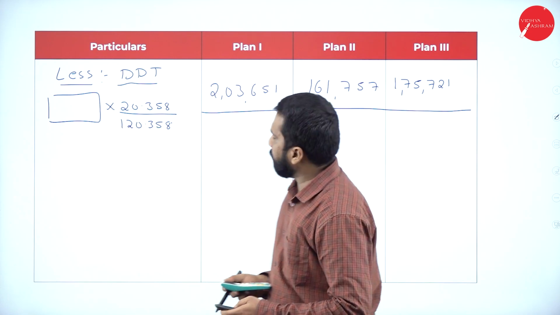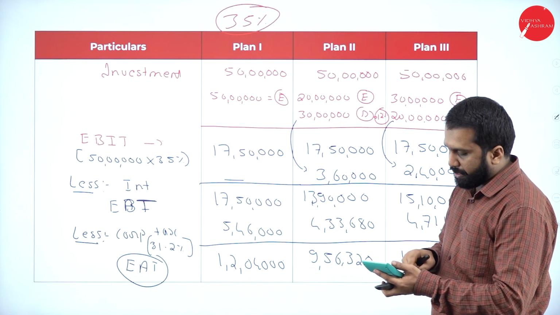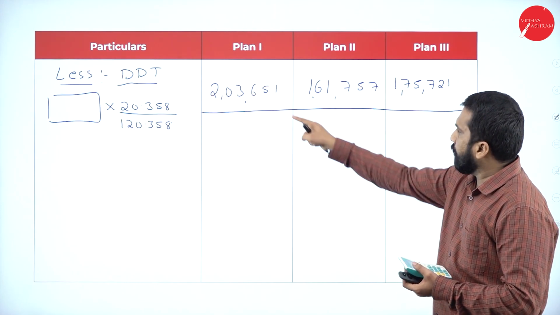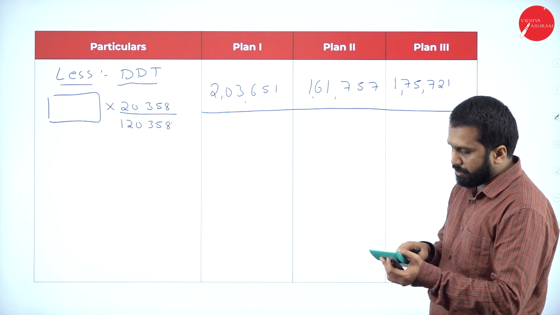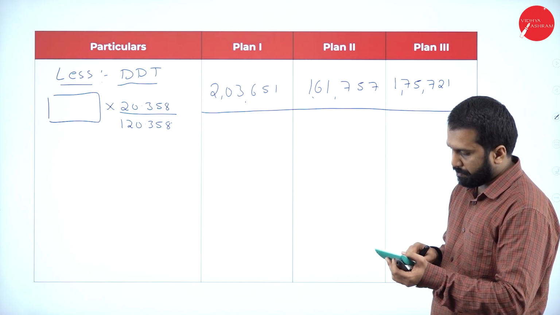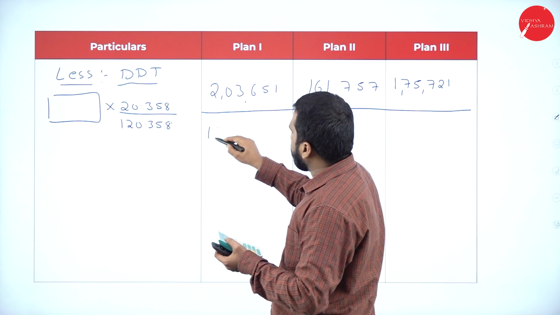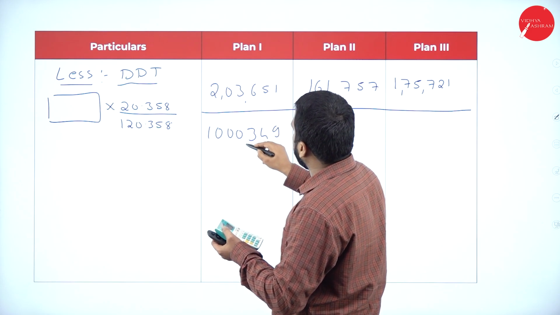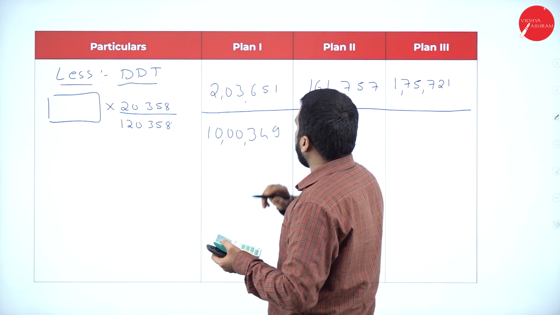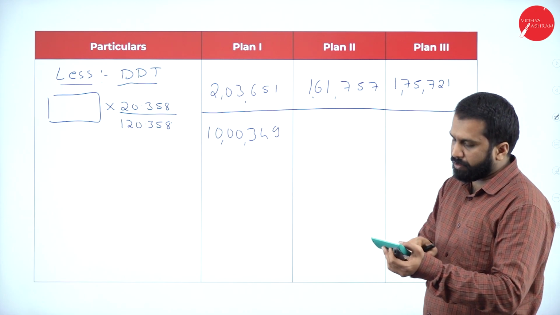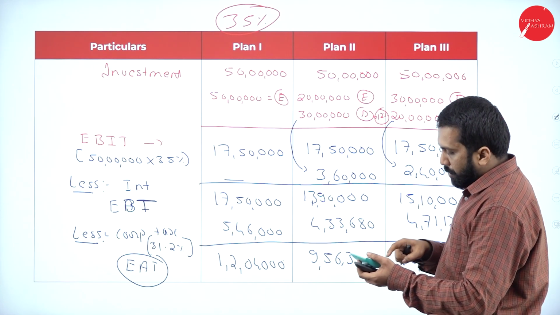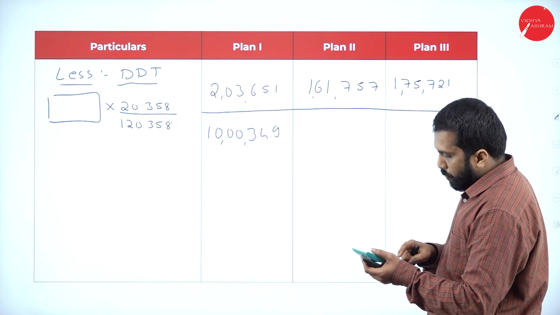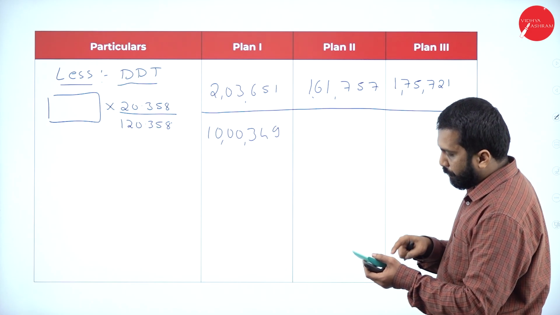Now, once it is done, your 12,04,000 minus 2,03,651, I got 10,00,349. We'll go for the second one. 9,56,320 minus 1,61,757.